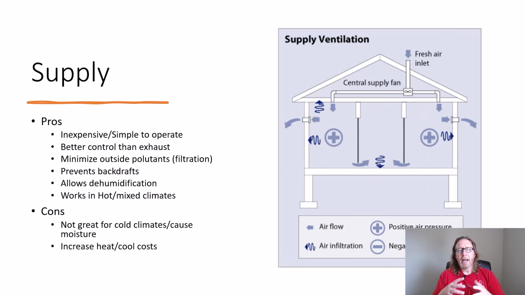It also allows you to dehumidify the air coming in. If I've got a dehumidifier set up right here, like the new Aprilaire dehumidifier, which actually has a ventilation process, you can run an ERV and a dehumidifier, or an HRV and a dehumidifier, together so that humidity is controlled before it has a chance to make its way into the living space.